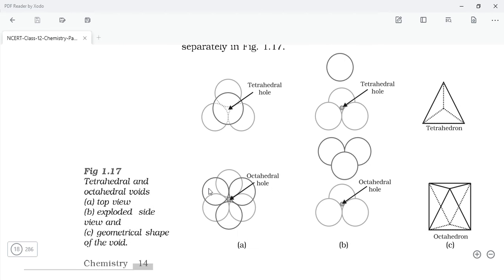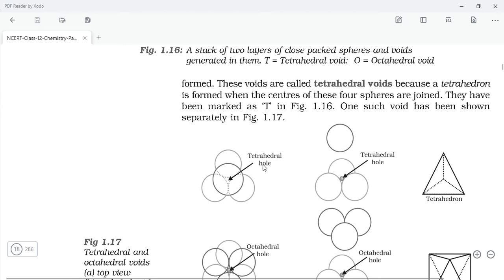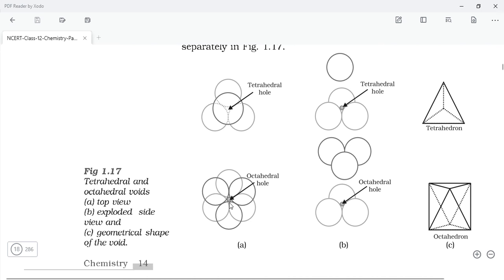Now the logic. As we are putting on the second layer, this void is already there. This void is already there when we are going to put the third layer over the second one. So when you already have a tetrahedral void or hole, and when you put the third layer, you get an octahedral void.